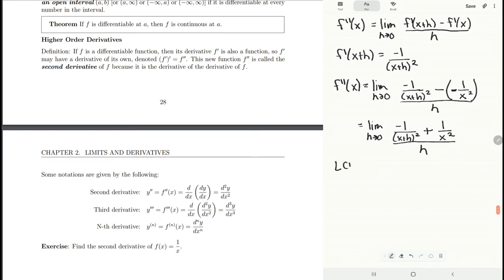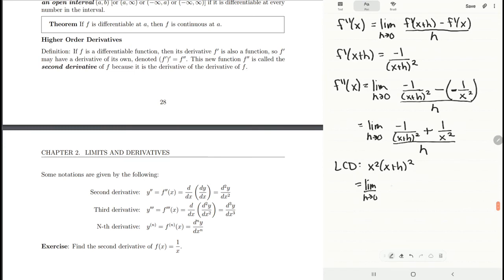So now we look for a common denominator for the two fractions. So we have x squared times (x plus h) squared. So we multiply the first fraction by x squared.